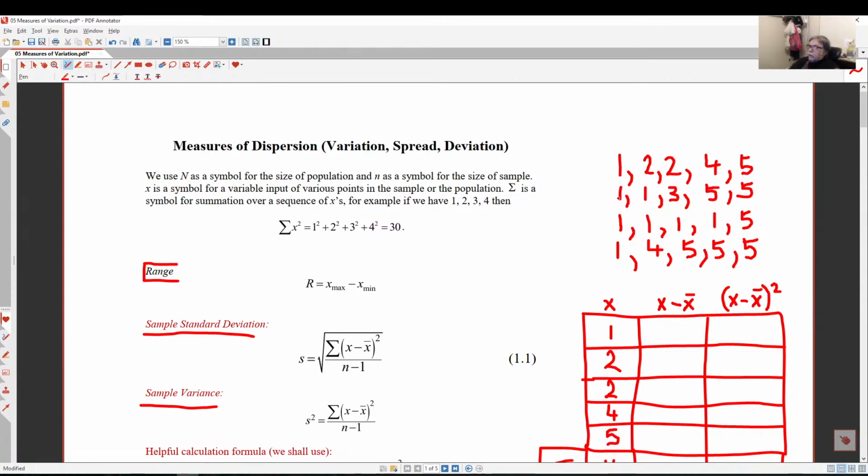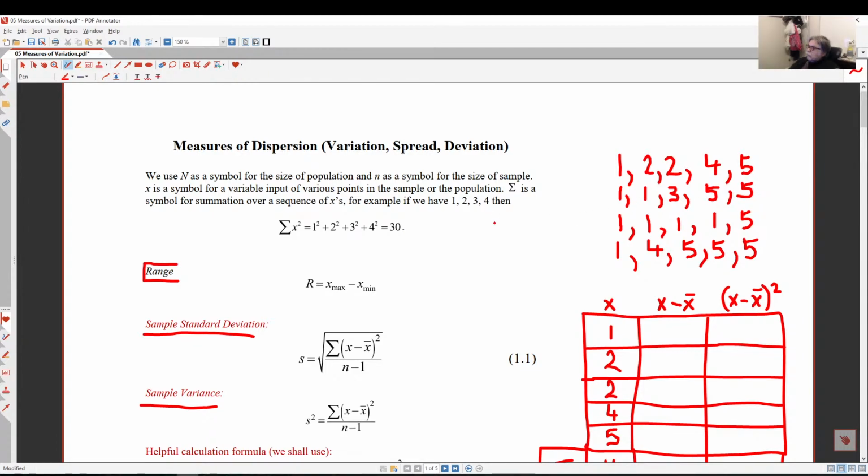This one goes 2 away from the mean. This one goes 2 away from the mean. This 5 goes 2 away from the mean. This 5 goes 2 away from the mean. If we don't count 3 because it's not moving anywhere away from itself, we have the average jump is 2. Yes, 1, 2, 3, 4, each one of them going 2 away from the mean. So the average jump away from the mean would be 2.